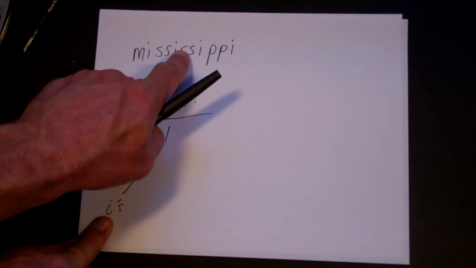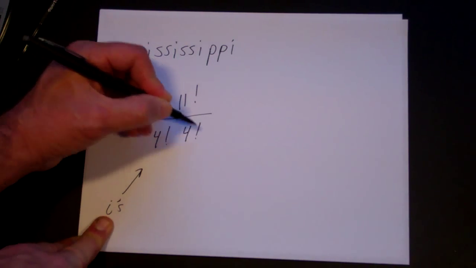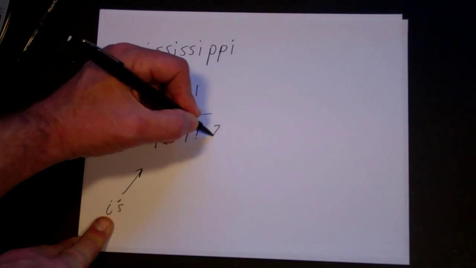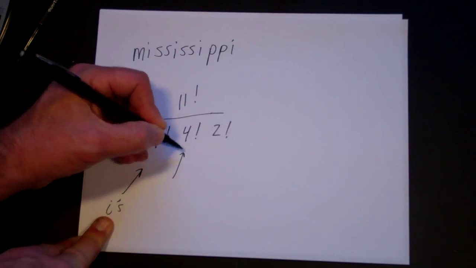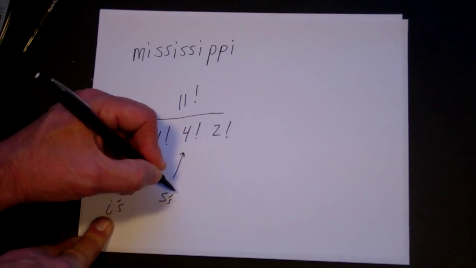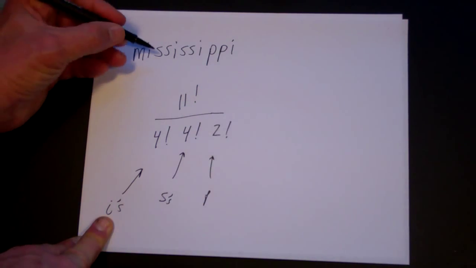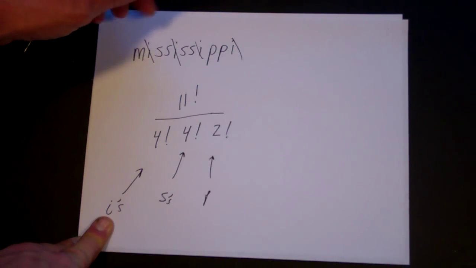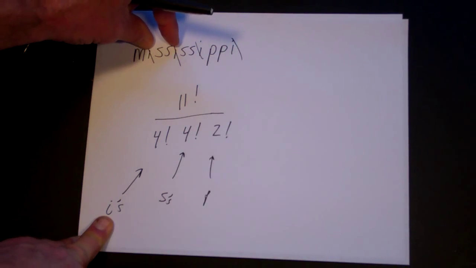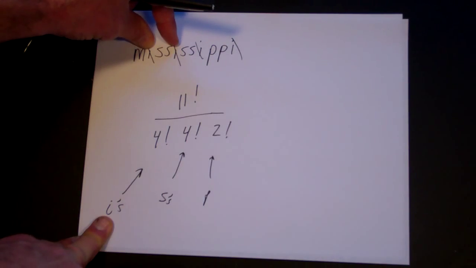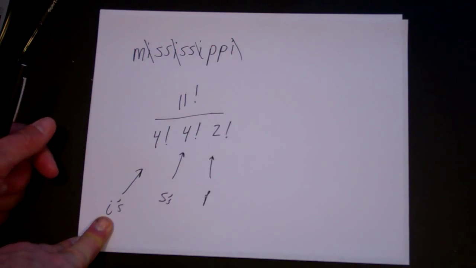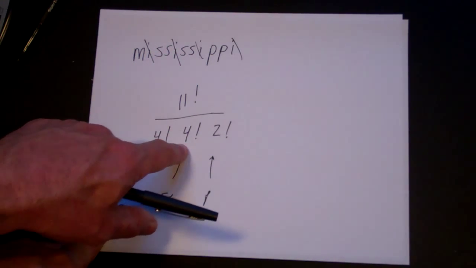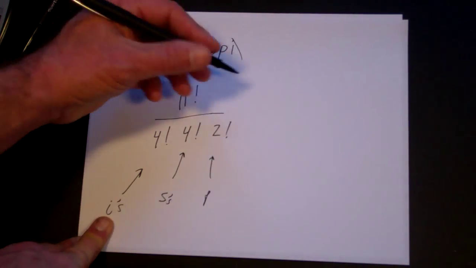Then there are 4 S's, and there are 2 P's. I want to make sure that I didn't forget any. Literally what we're talking about is if we switch 2 I's, we would not be able to distinguish between those 2 permutations, so they wouldn't count. But 4 S's, 2 P's. I think that we're done.